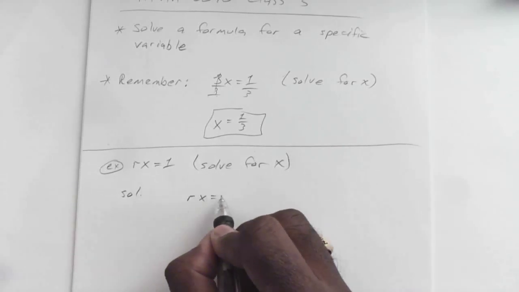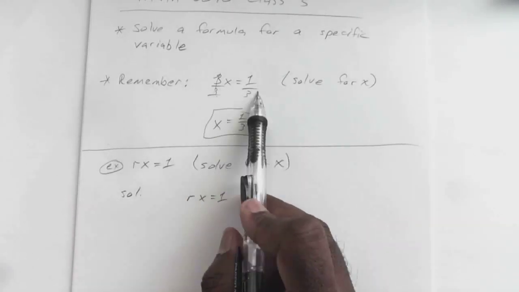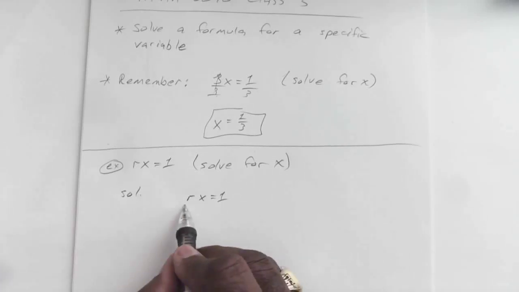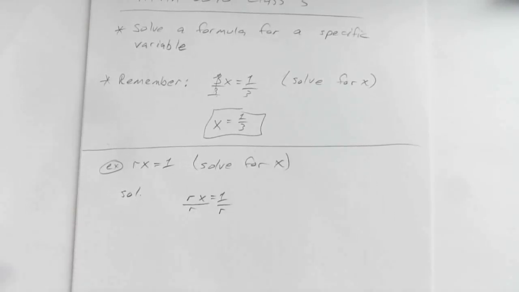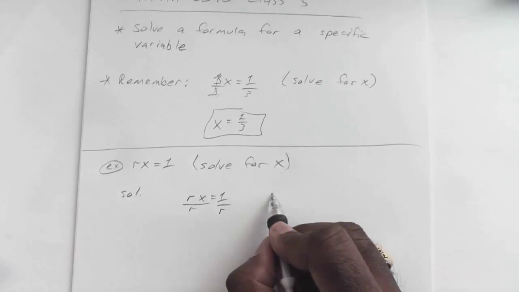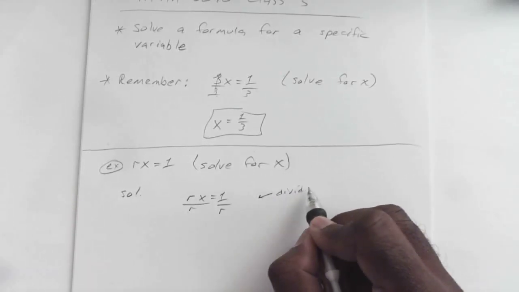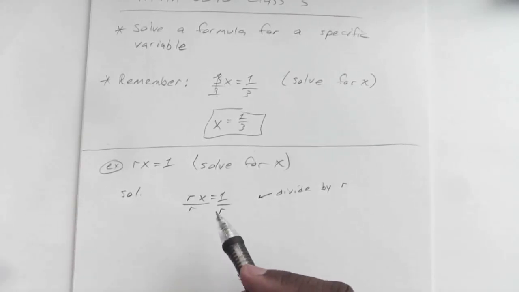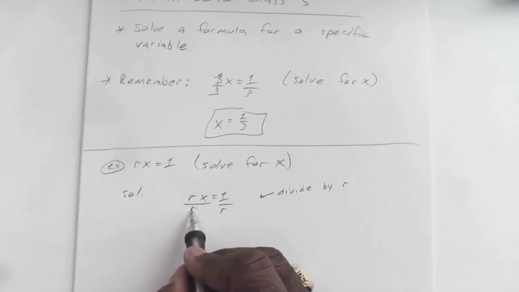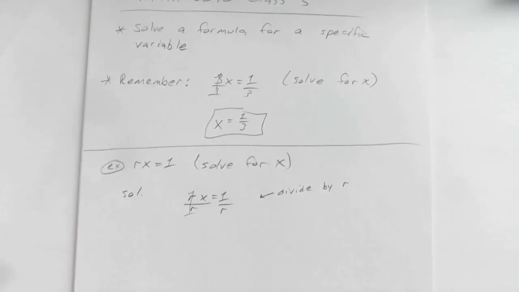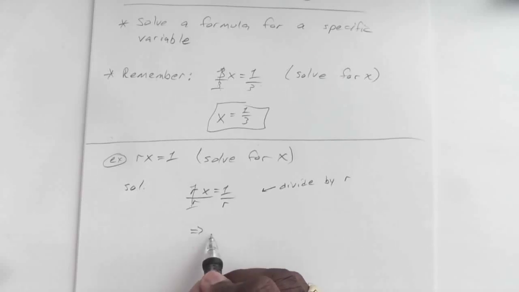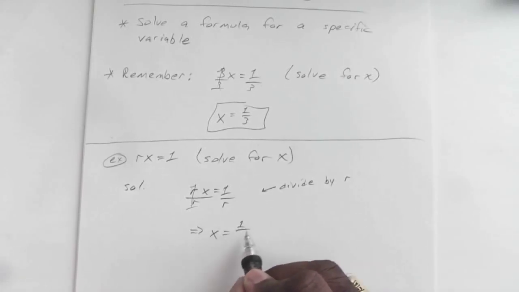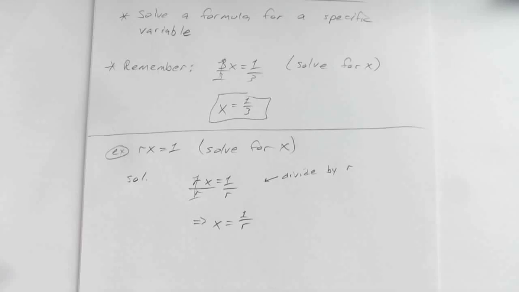If you have r times x equals 1, the same way you divided both sides by 3, you divide both sides by r. Anything divided by itself, whether it's a number or a variable, doesn't matter at all, is going to equal 1. So that means x is equal to 1 over r. It's the same process whether you have numbers or variables.